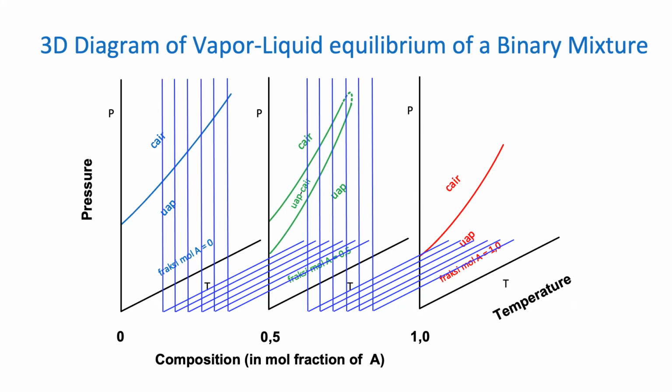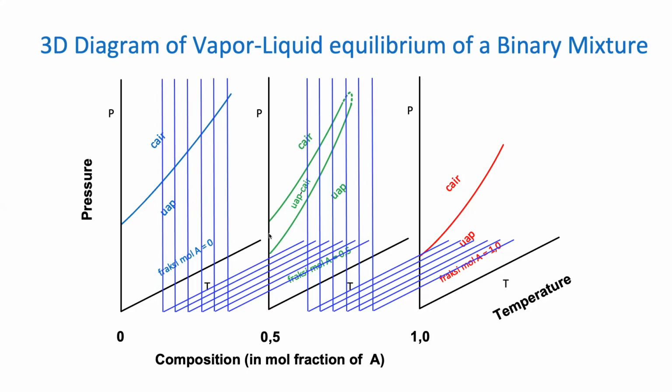So this is the liquid and this is the vapor. And then we can maybe make several slices of pressure and temperature at different mole fractions. You can try and put it here, maybe put it there, but we won't draw it.